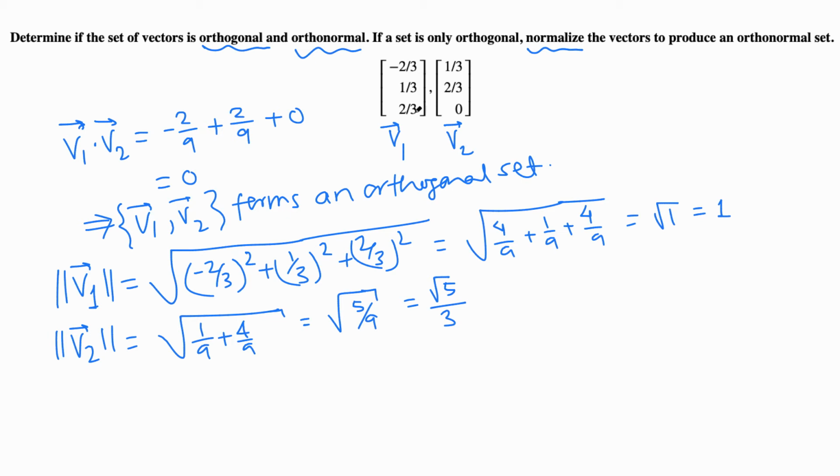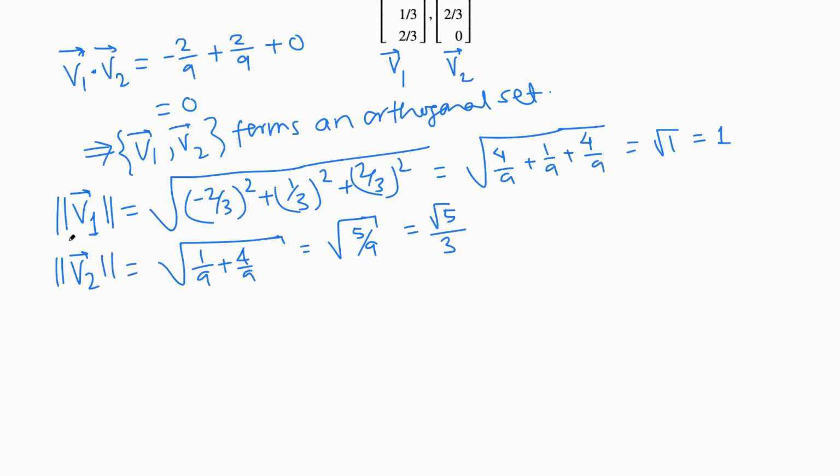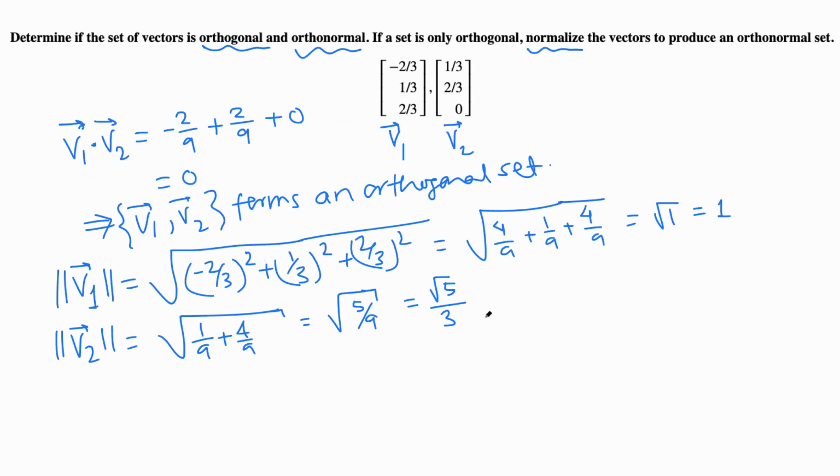So this is not an orthonormal set. They are orthogonal for sure because the inner product is 0, and one of the vectors is a unit vector, but the problem is with v2. Anyways, let's normalize. v1 is already normalized, so we need to normalize v2 to make it orthonormal.